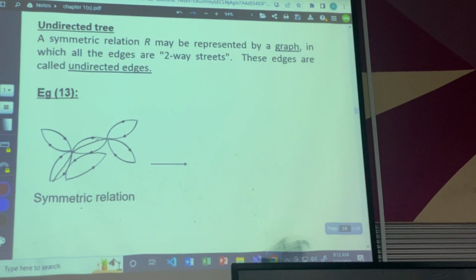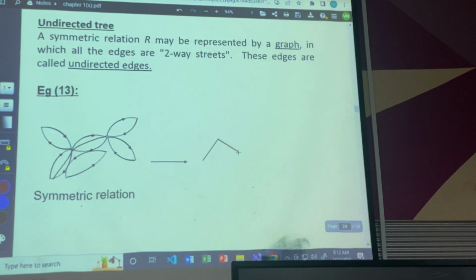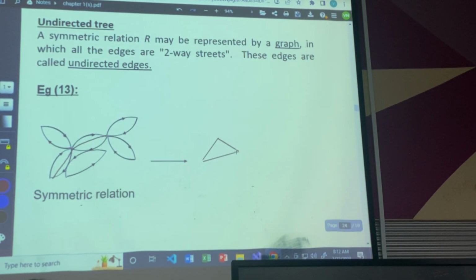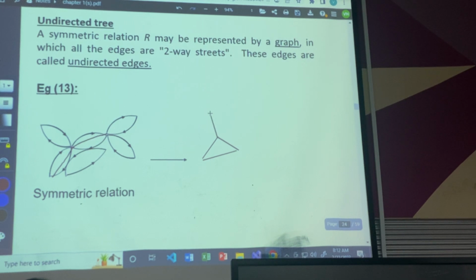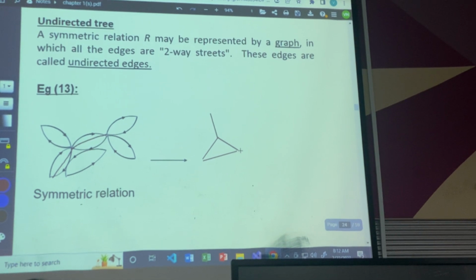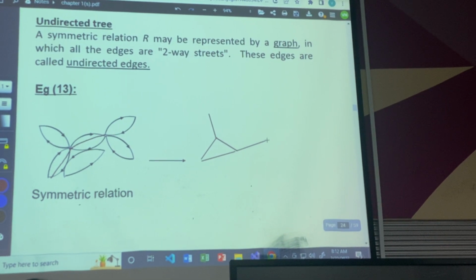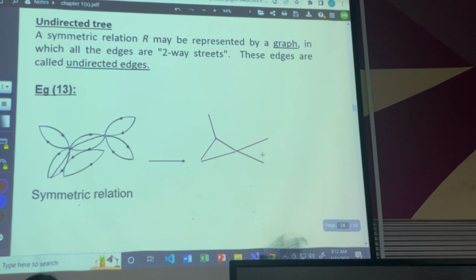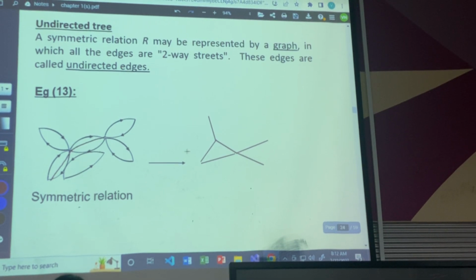So we can draw this graph, it becomes roughly like this.